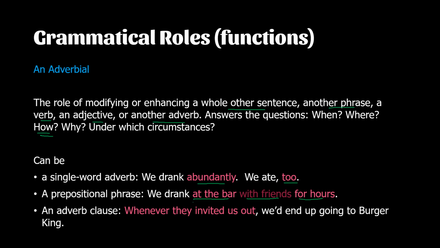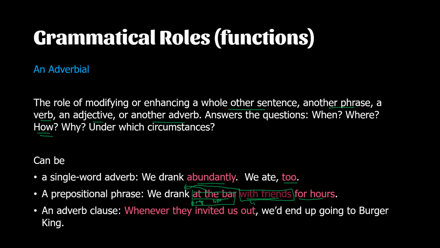Each one of these is a preposition with a noun phrase after it. That makes a prepositional phrase which acts as an adverbial to describe drink. With friends is an adverbial that describes drink. Even though it's an adverbial, it doesn't contain an adverb.